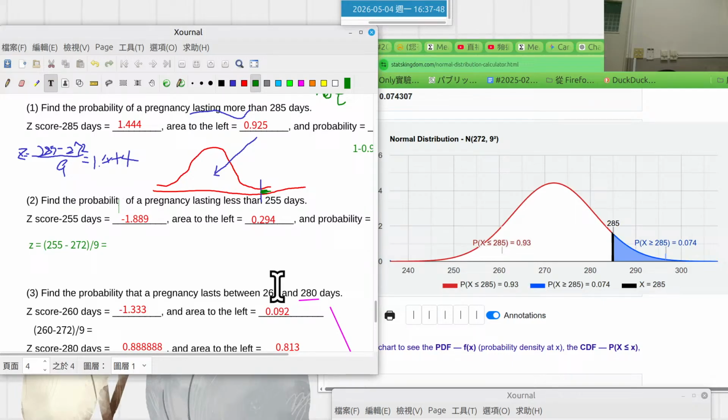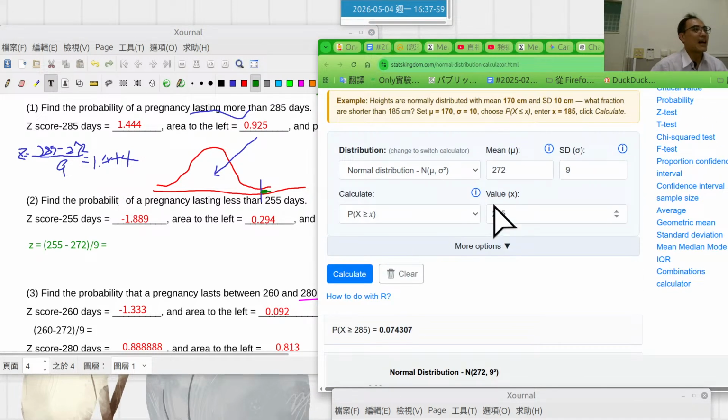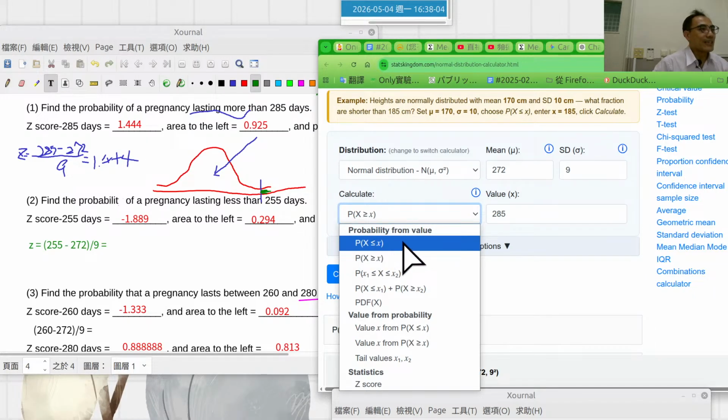Then what's the probability? Less than 255 days. The same way, use the online calculator. Here is the key point. For the previous question, we used this one, and now we use this one. Get it? Let's click this one.